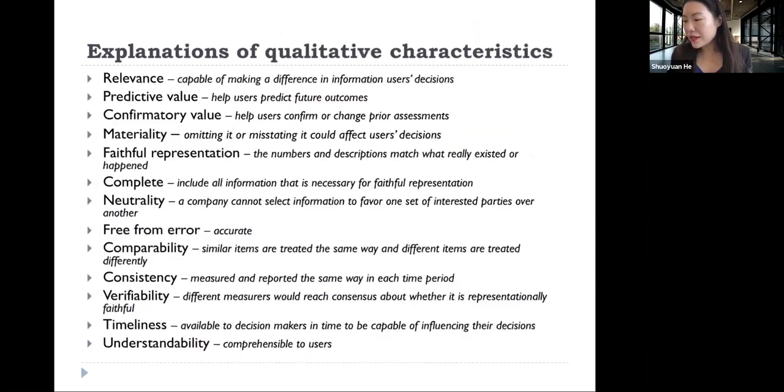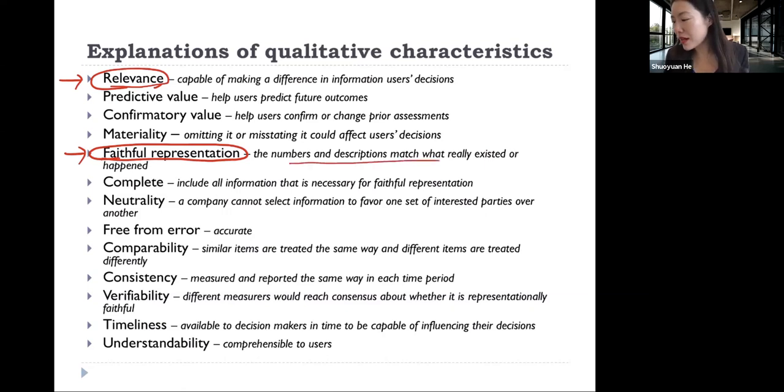And then here's an explanation of qualitative characteristics, as we just mentioned, but let's go over it again here. So we first have relevance and faithful representation. Relevance: capable of making a difference in information users' decisions. It should be relevant to you.